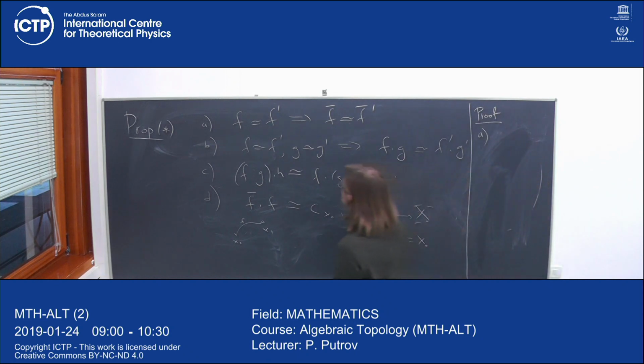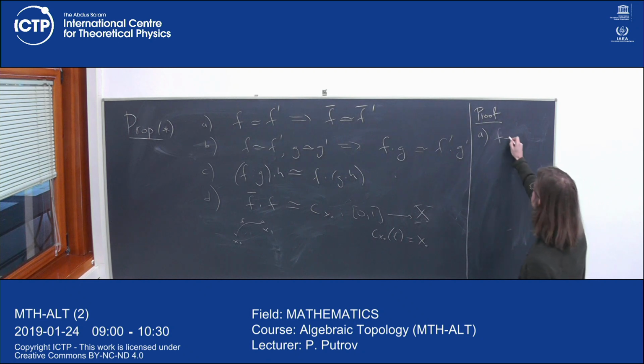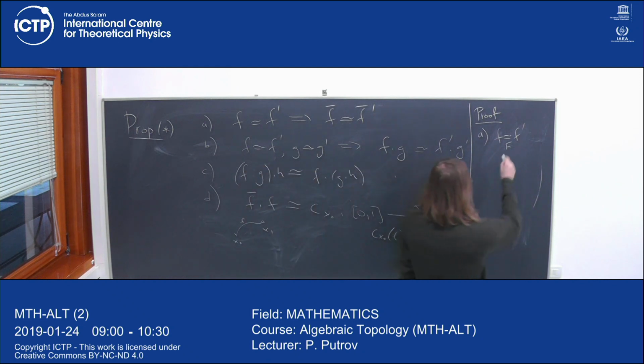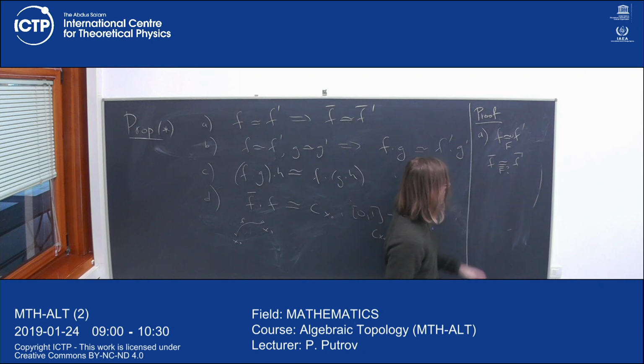Let's start with the first one in a bit more detail. Suppose we have some homotopy which realizes this, and we want to find a homotopy F bar so that this realizes a homotopy between F bar and F prime bar.